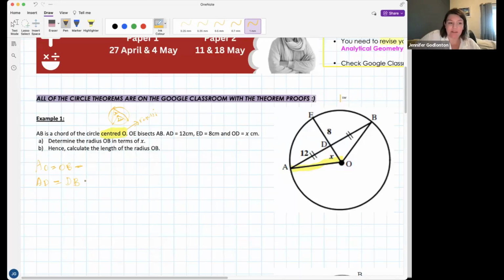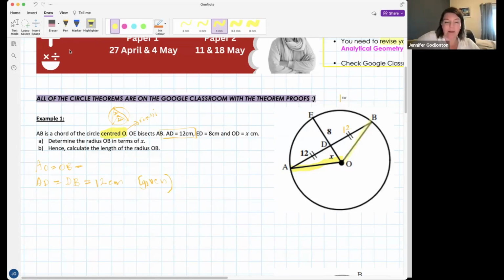Can you tell me what the value is? What are they each equal to? 6, 6. Oh, careful. 12, 12. Yes, it's because they told us that AD is equal to 12. So we're going to say given for that. So we know that this one over here is 12. We know that AO is equal to OB.